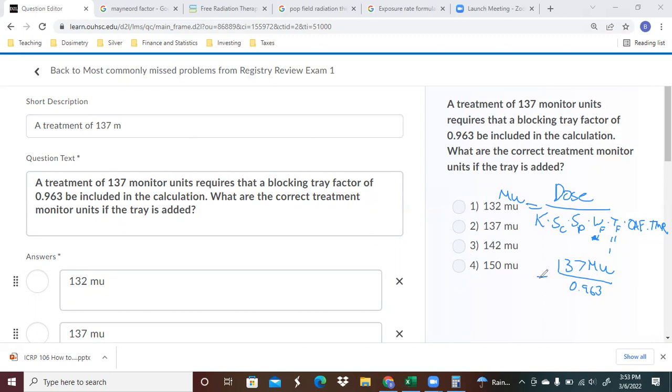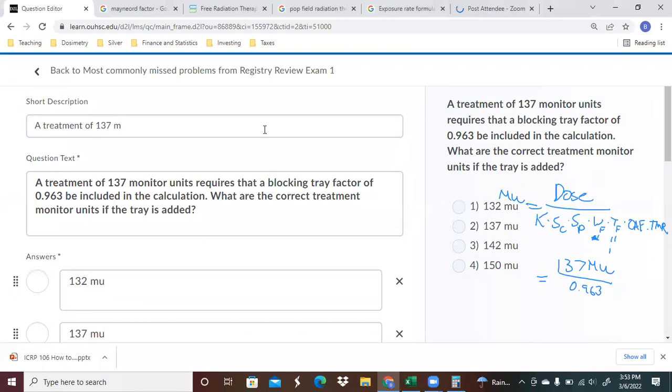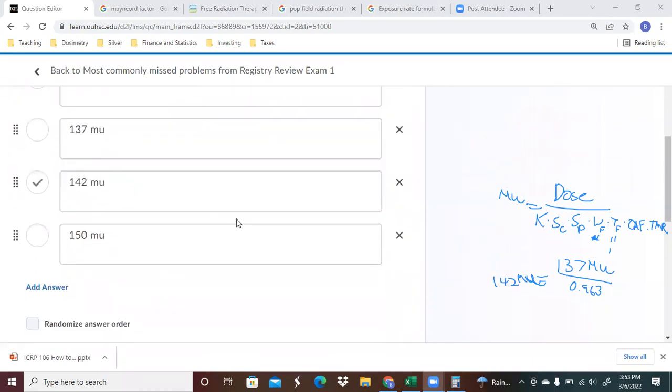As it turns out, if I take 137 and divide that by 0.963, I come up with 142.2, and you can see here that that is the correct answer.